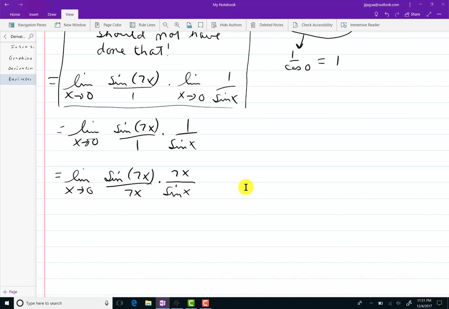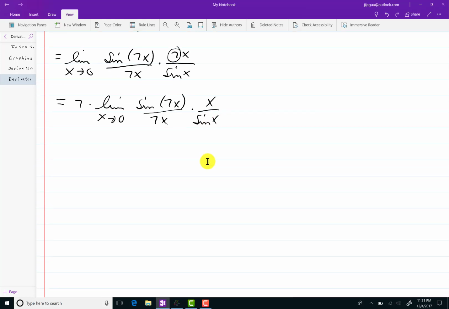The 7 that's in front of the 7x, I can literally bring out to the front of the limit, because the limit doesn't do anything with a constant. So I'm going to get 7 times the limit as x goes to 0 of sine of 7x over 7x times x over sine of x. And now I have what I want.